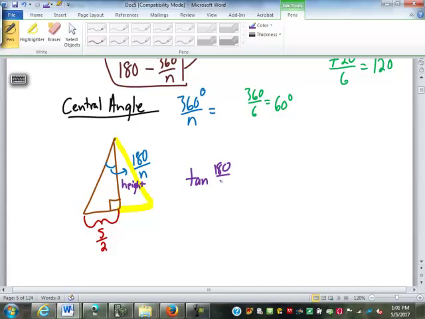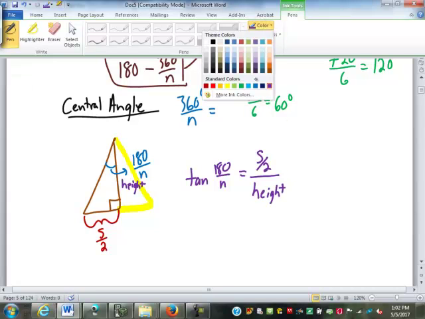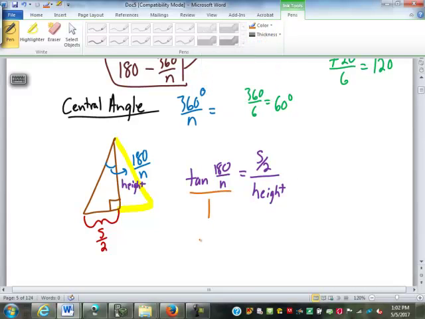Tangent of that angle of 180 over n equals S over 2 over that height. So that height is going to equal S over 2 divided by the tangent of 180 over n. So that's our height.